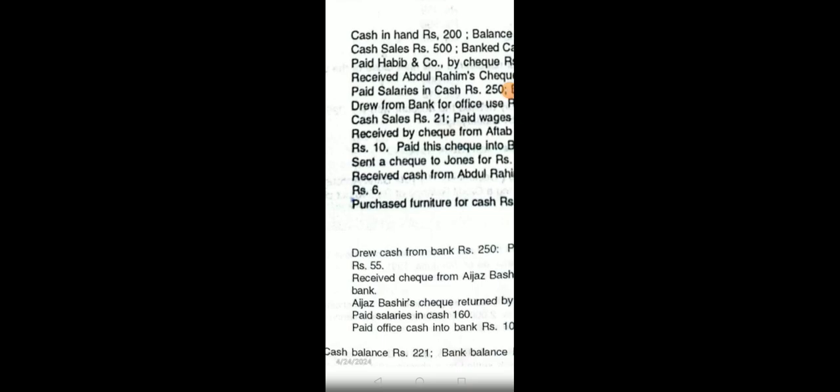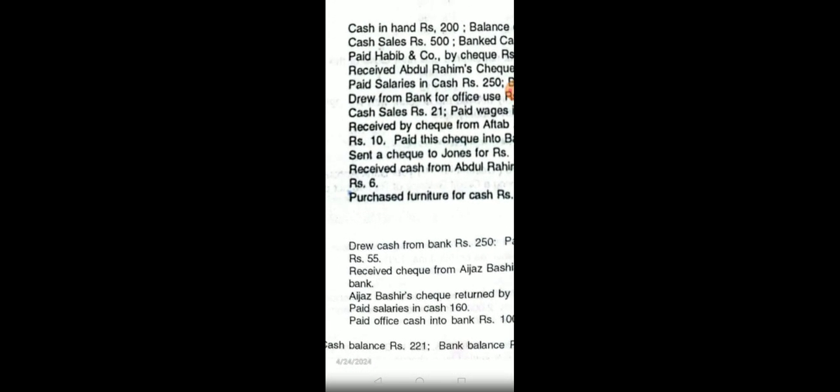So you will mention the date 24 over here. Let's see what 24 is saying. Received a check from Ejaz and paid the same into the bank. Okay, we have understood. Received a check from Ejaz and paid into the bank. Ultimately, what happened?